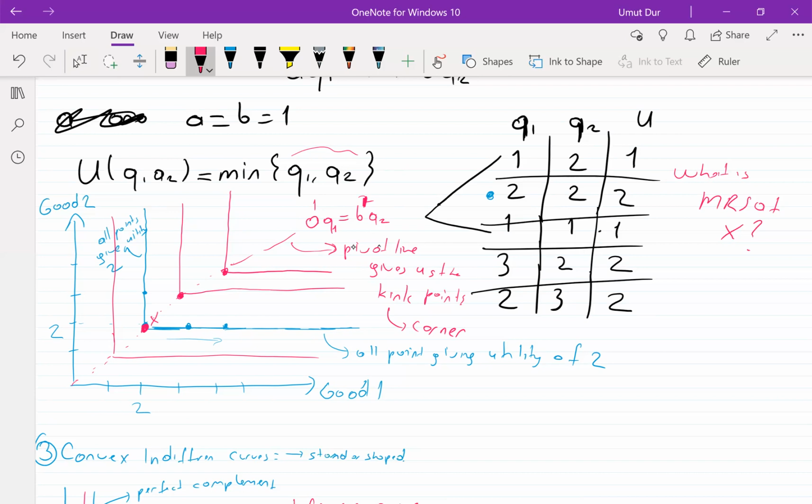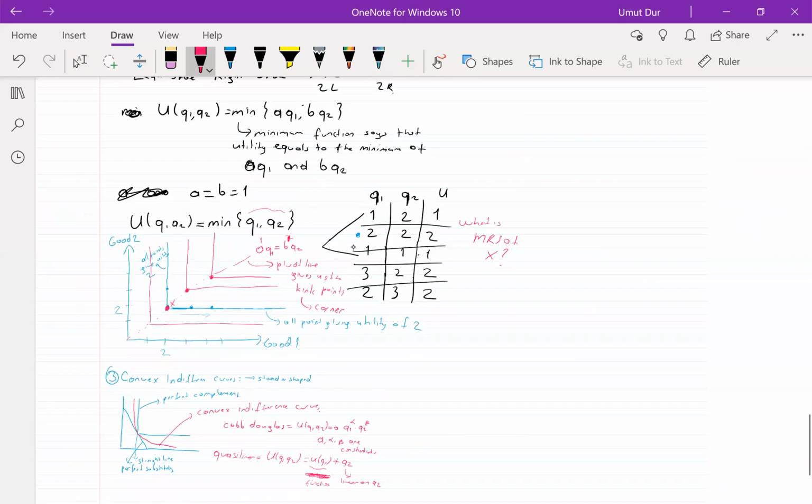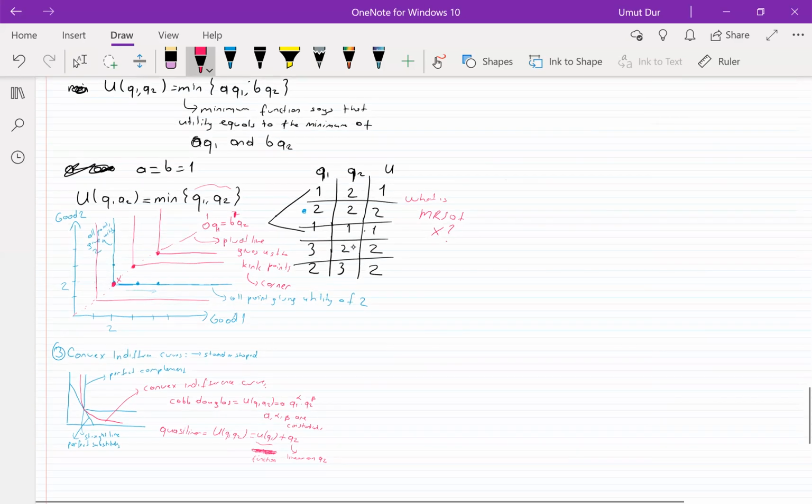So let's think about it. Forget about this indifference curve. What is MRS? It is the slope of the indifference curve.